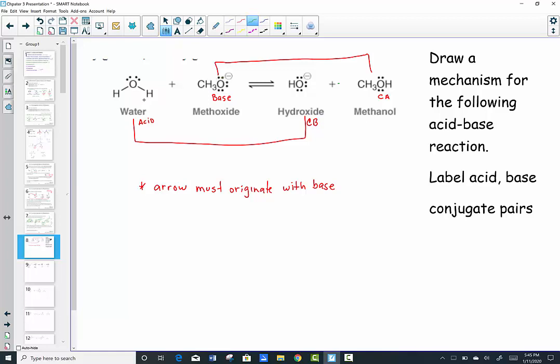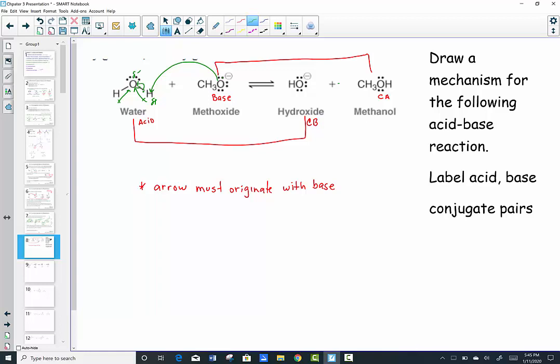And you can see that distribution of charge making hydrogen positive. So I see that reaching out for the proton when it plucks it off, the two electrons that are in this bond collapse back onto the oxygen. There's the second arrow, forming hydroxide, and the protonated version of methoxide turns it to an alcohol known as methanol.